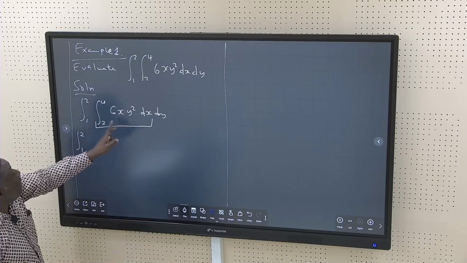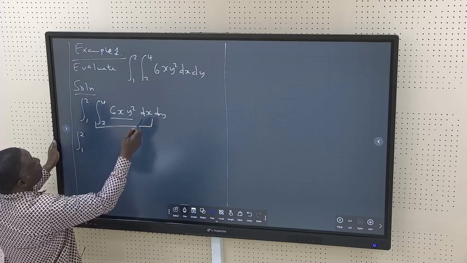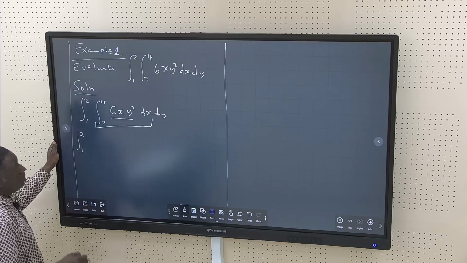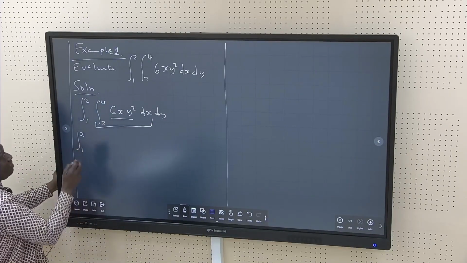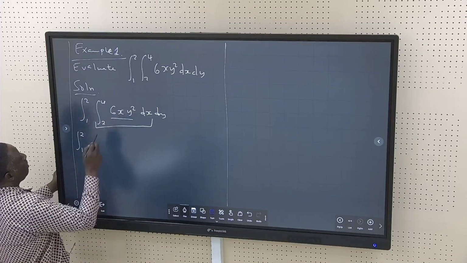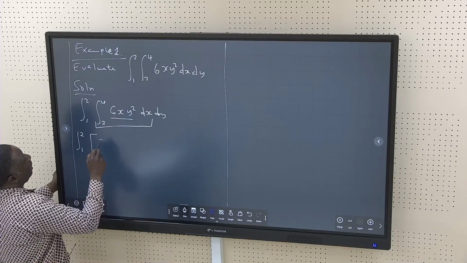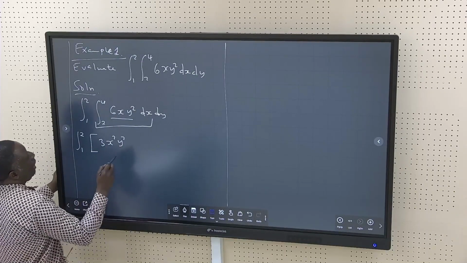While we are integrating with respect to x, y is considered to be constant, so we do nothing to y, but we deal with x. So the integral becomes 3x², y is constant.